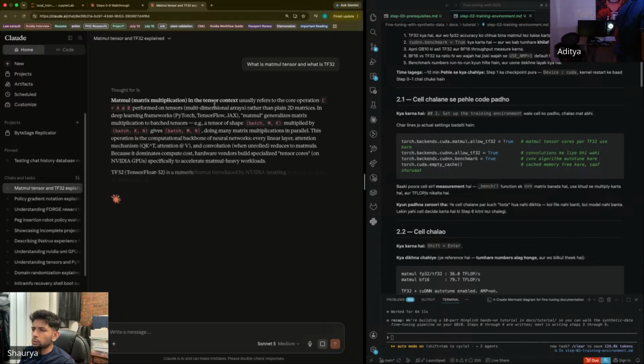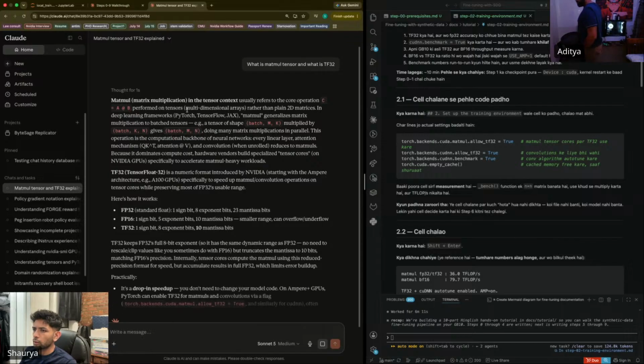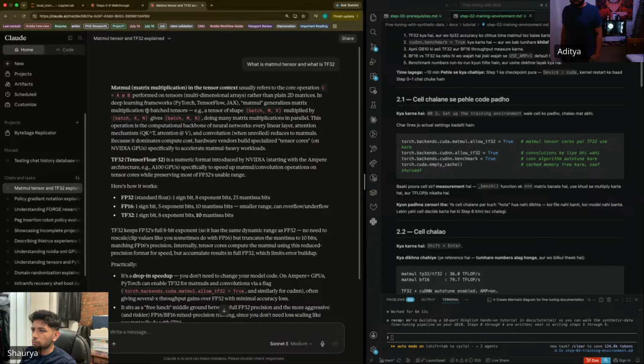Matrix transformation in the tensor context usually refers to the core operation C is equal to A at the rate B performed on tensors multidimensional arrays rather than plain 2D matrices in deep learning frameworks. PyTorch TensorFlow Jax matmul generalizes matrix multiplication to batch tensors. Example tensors of shape batch mk multiplied by batch kn gives batch mn doing many matrix multiplication in parallel.